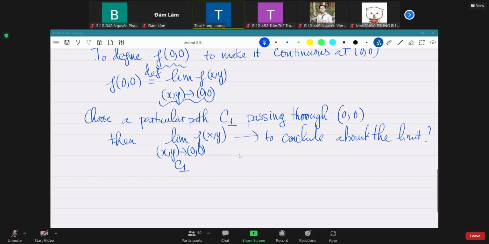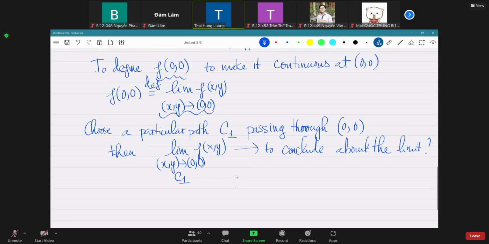So the answer is no. We cannot use the value of the limit along a particular path to conclude about the limit of the function. The reason is very easy.